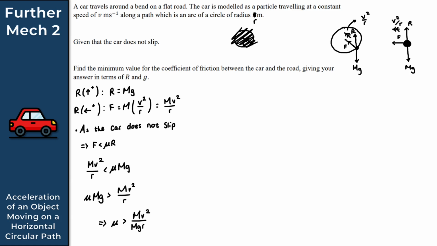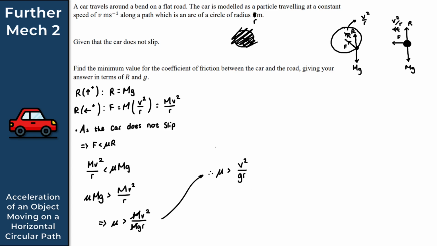Now the M's will just cancel. What we get left with, to finish, is that mu is strictly greater than v squared over g times r. And there we have it.